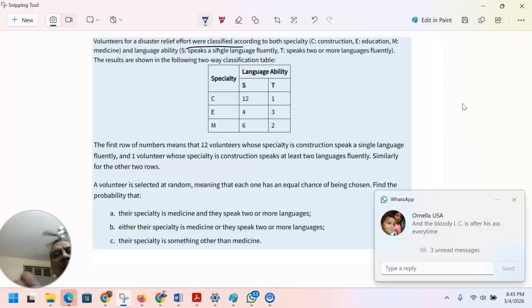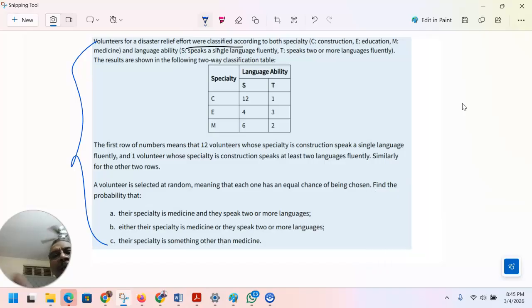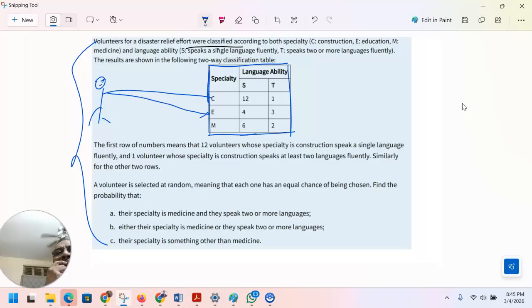Please read this. What basically it means, in short, I'm going to write. So you are given a table. By just looking at the table, you can see, depending on a person, let's say this is one person, this person can be good at construction, or maybe he is good at education, or maybe he is good in, what is M? Medicine.